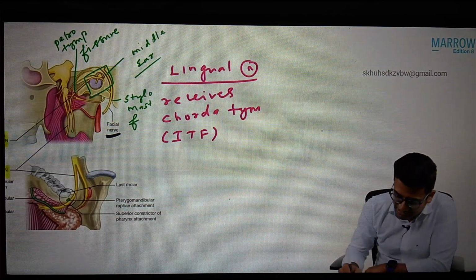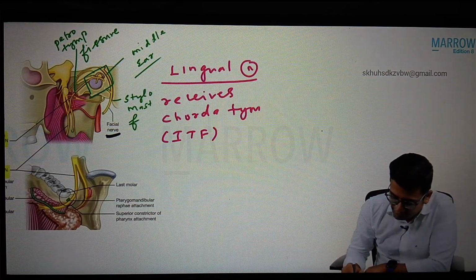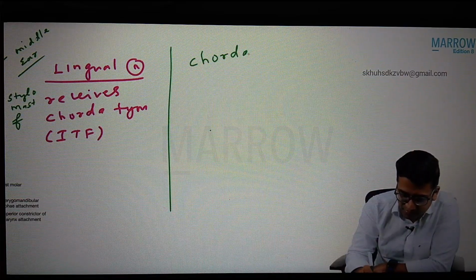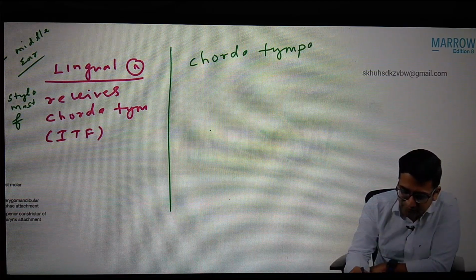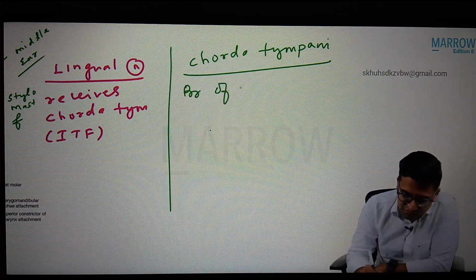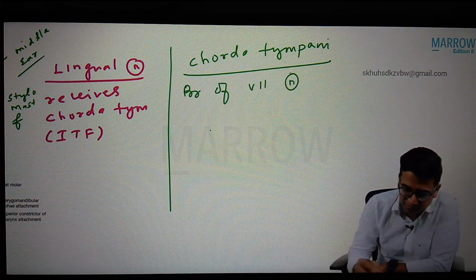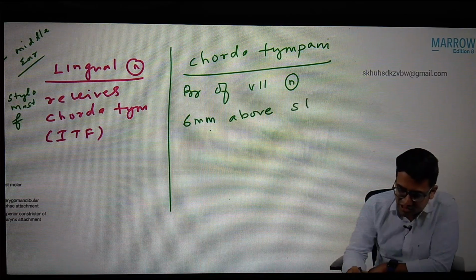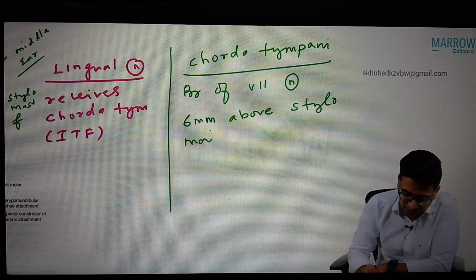So now we're going to write some basic points for the chorda tympani nerve. So please write by the side the chorda tympani nerve. First point, it is the branch of facial nerve, 6 millimeter above the stylomastoid foramen.